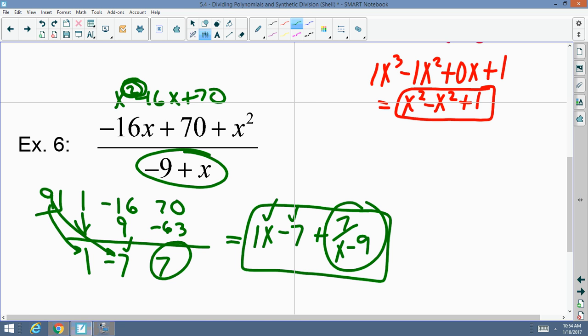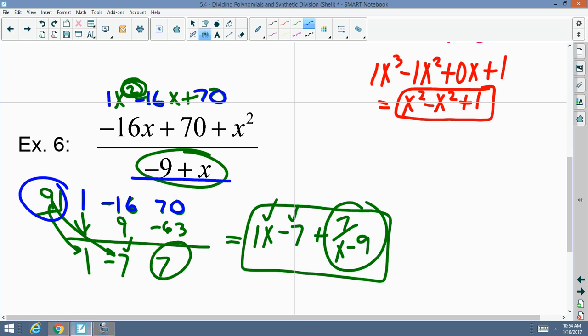Okay. Well, I had the root here. This is the root. So my root was 9 because I set the denominator equal to 0. Then I looked at the coefficients in standard form. I have a 1 in front of the x squared. I got a negative 16 in front of the x. And then I've got a 70.